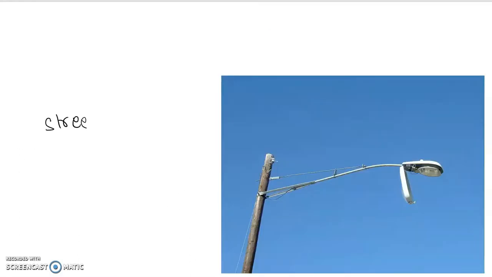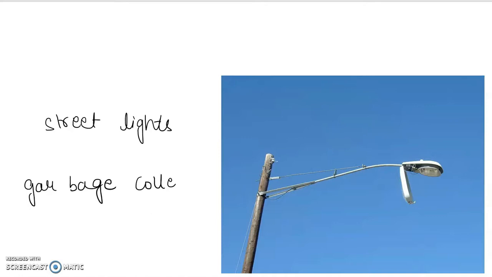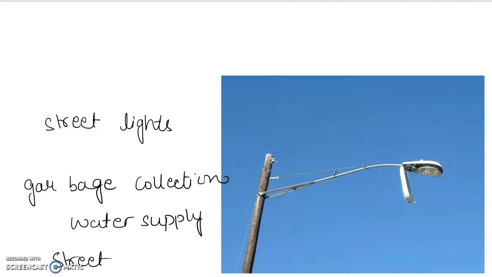It also takes care of the garbage so that there is no outbreak of any kind of diseases, garbage collection, and also water supply. They make sure that the streets are neat and clean. So everybody got so excited. Acha, that is how it works.